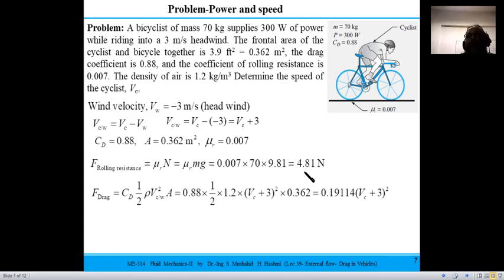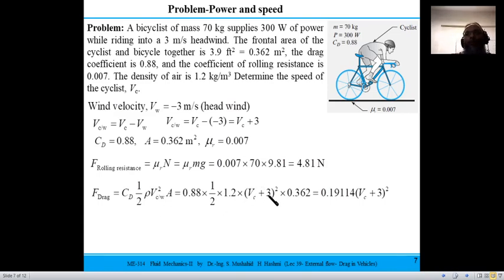And then we can calculate the drag force. The drag force here is the drag coefficient times the dynamic pressure times the area. The area is 0.362 square meters, and the square of the speed would be the speed of the cyclist relative to the wind, so that would be the cyclist speed plus 3.